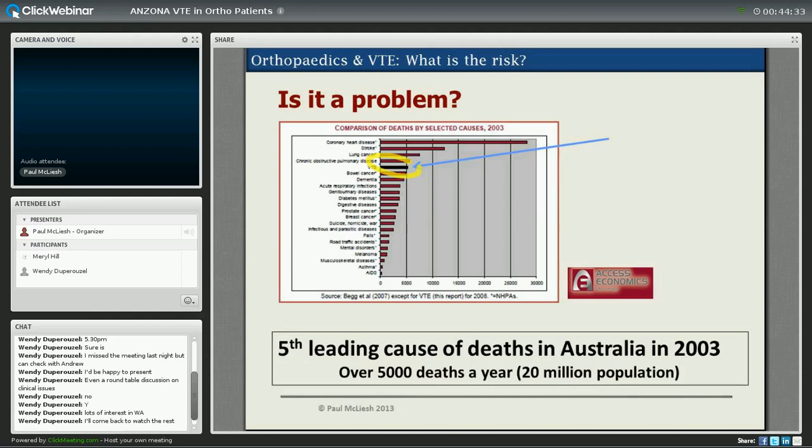And then one night, he'd only been in for a couple of days, he started complaining of chest pain, and then suddenly within a matter of minutes he was dead, and he was not able to be revived. And that was a PE that had killed him, and he came in as a 45-year-old with a relatively minor trauma.